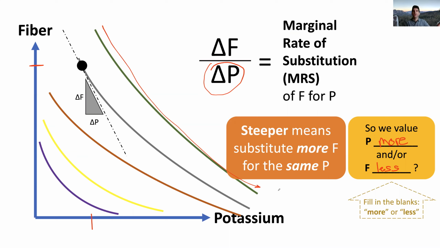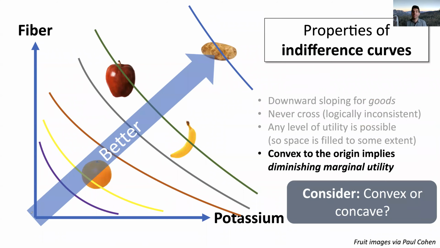So when both of your goods have diminishing marginal returns, your indifference curves are always going to curve like this, pulled down towards the origin. They're convex to the origin, where the origin is over here. All right, so that's what we're saying here. Convex to the origin implies diminishing marginal utility.